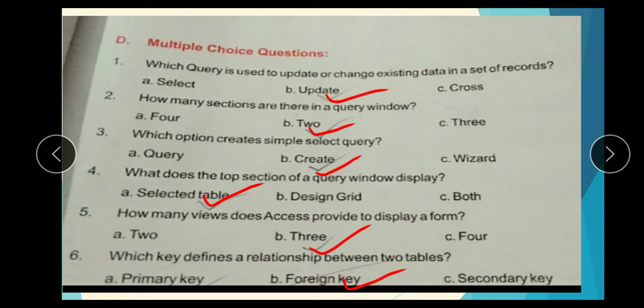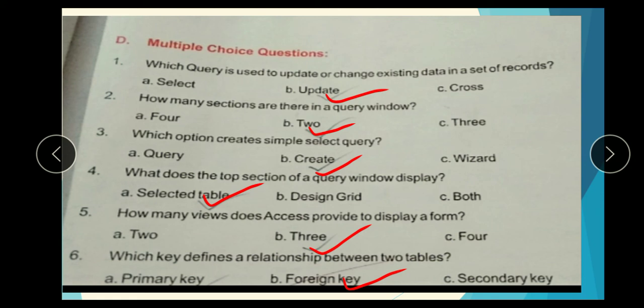Question number 5. How many views does Access provide to display a form? 2, 3, 4.